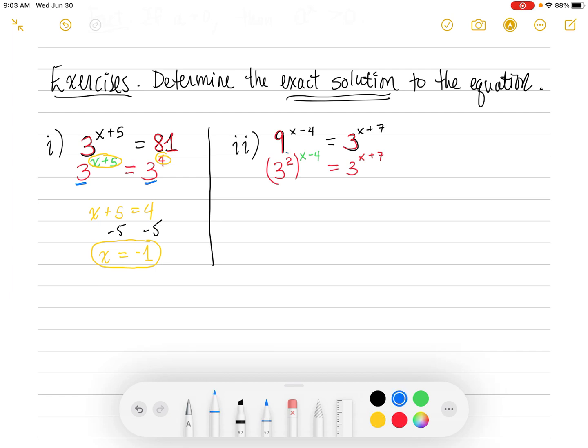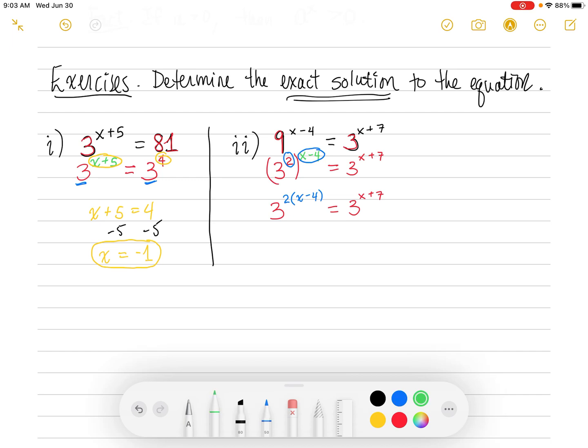I'm going to keep this argument here of x minus 4. And then that's equal to 3 to the x plus 7. Now, I'm going to use my properties of exponents. I'm going to take 2 and multiply it by x minus 4.